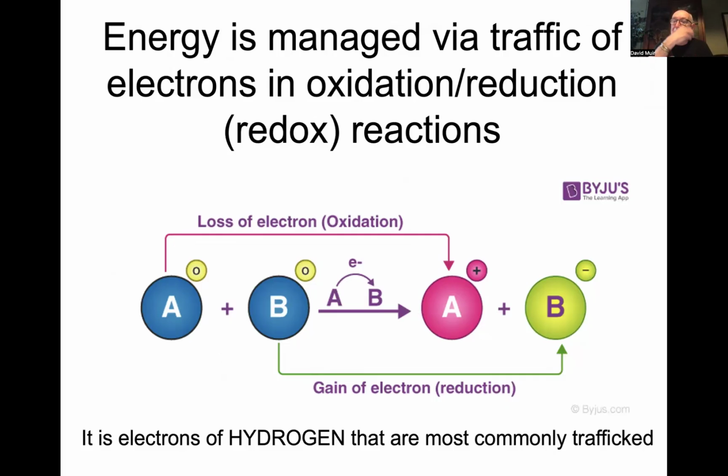It can very easily be moved from hydrogen to something else to reduce it, leaving behind a positive proton. Now, usually we deal with the two together. The proton and the electron very often go together into a set of reactions.